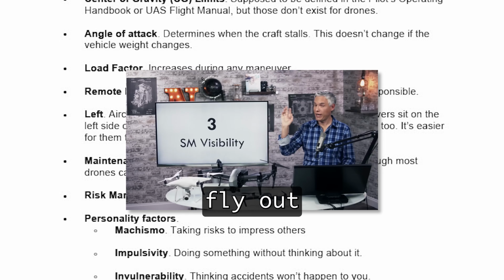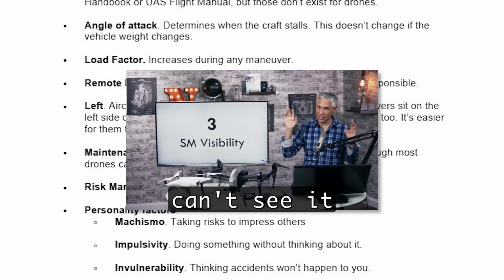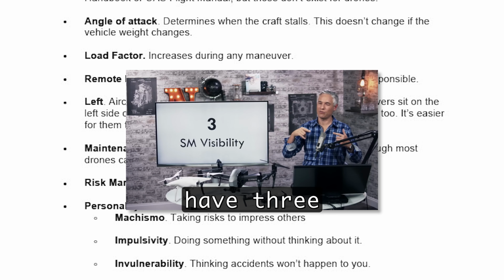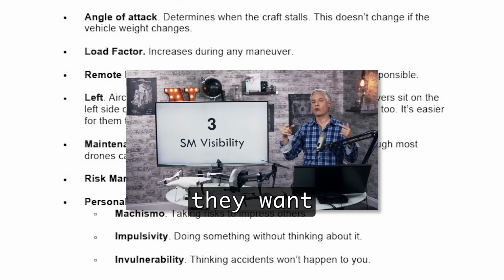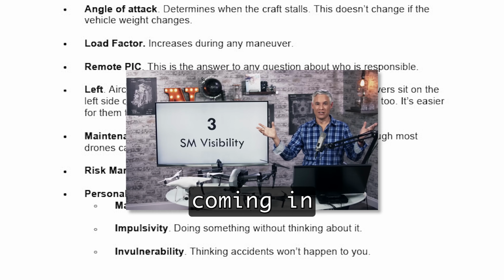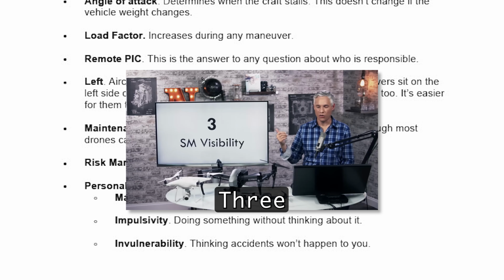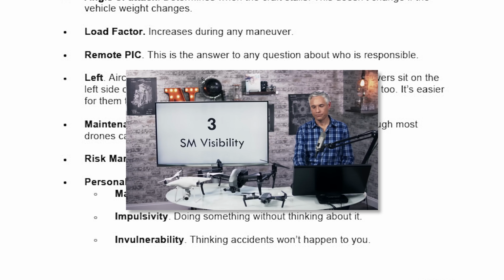Now that doesn't mean you can fly out 3 miles, because you have to maintain visual line of sight. You have to be able to see it, and you certainly can't see it at 3 miles away, even if you have 3 miles of visibility. But they want to be sure that you could see an airplane coming in that was 3 miles away, so that you would have plenty of time to avoid it. 3 statute miles. Remember that.